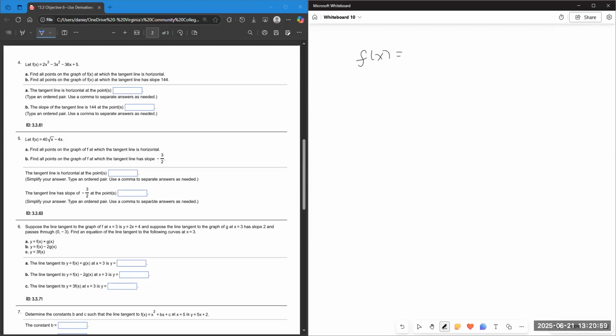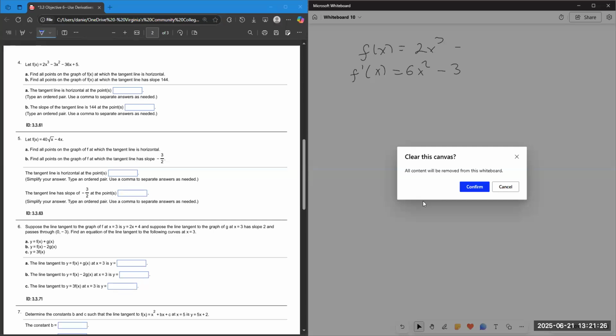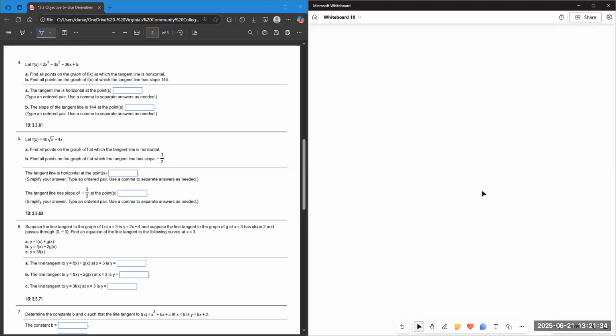f of x is equal to 2x cubed minus 3x squared minus 36x plus 5. f prime of x is 6x squared minus 6x minus 36.